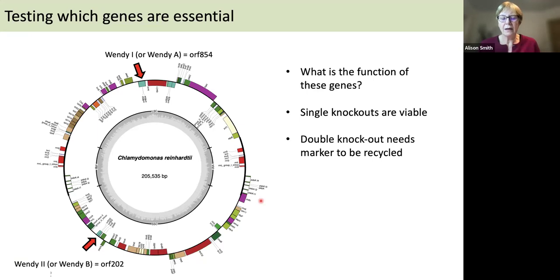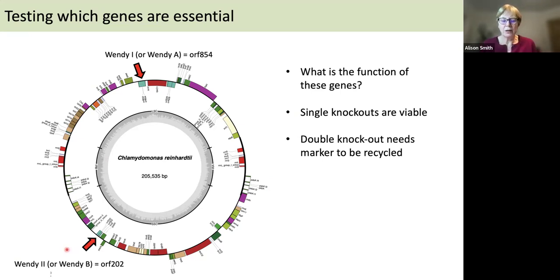But there are some enigmatic open reading frames whose functions are not necessarily known. And in Chlamydomonas, there are these two very enigmatic genes called Wendy1 and Wendy2, and they're present at around 12 o'clock here and at about 8 o'clock here.